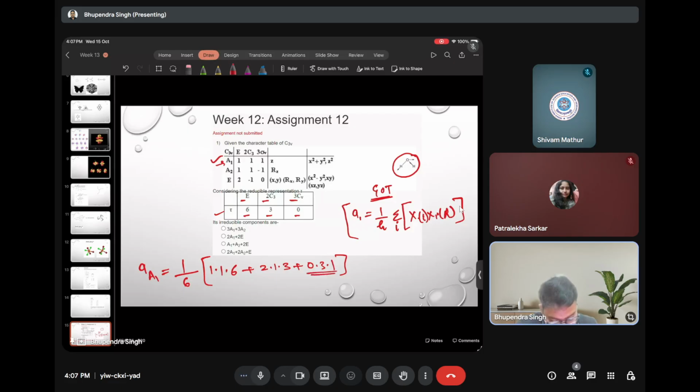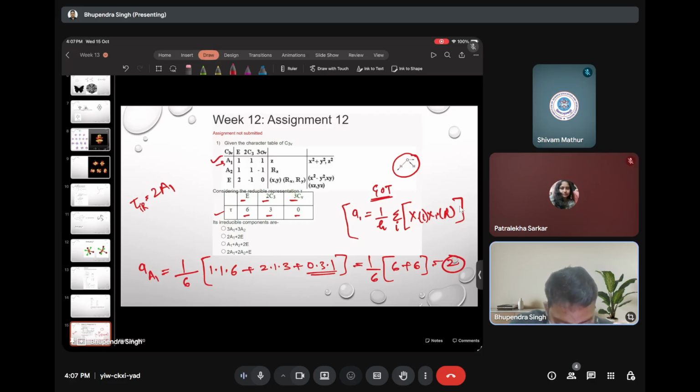So this is 0. It is 1 by 6, 6 plus 6 will be 12 by 6, which is 2. Correct? So A1 is 2. So irreducible representation will be 2A1, right? So we are trying to find out the answer now.